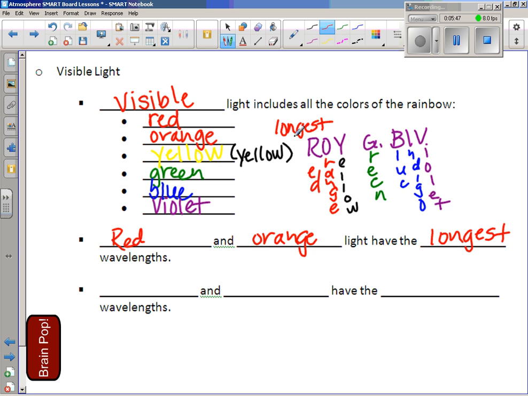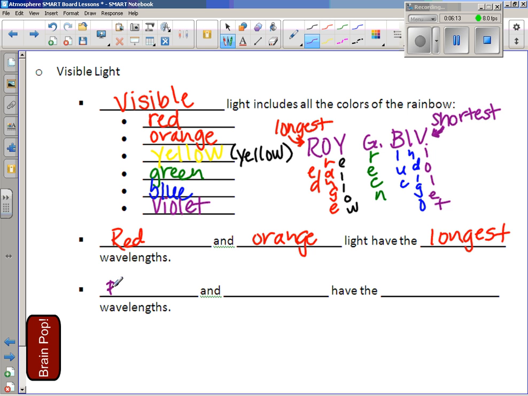Over here by this end of the spectrum where red and orange is located. And so blue and violet, they have the shortest wavelengths. So write shortest over here on this end of that spectrum. Okay, so they're going from longest to shortest.